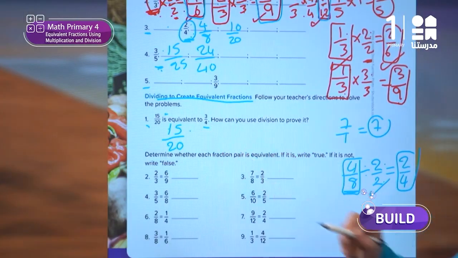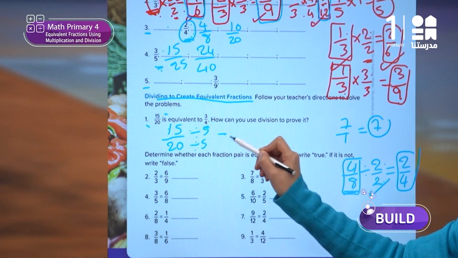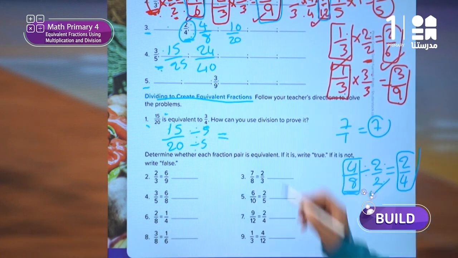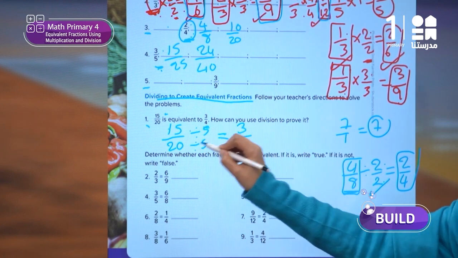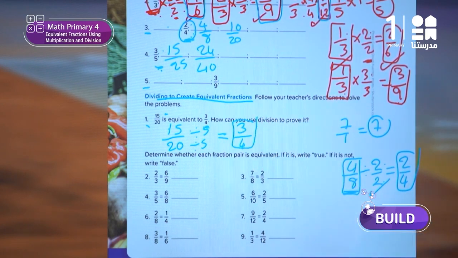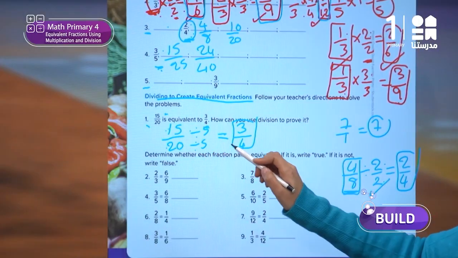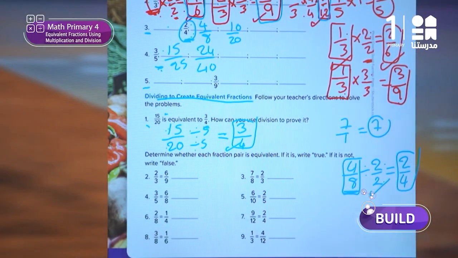Because 15 can be divided by 5 and 20 can be divided by 5. So if I divide by 5 and by 5, 15 divided by 5 equals what? Equals 3. And 20 divided by 5 equals what? Equals 4. So the equivalent fraction to 15 over 20 is 3 over 4.